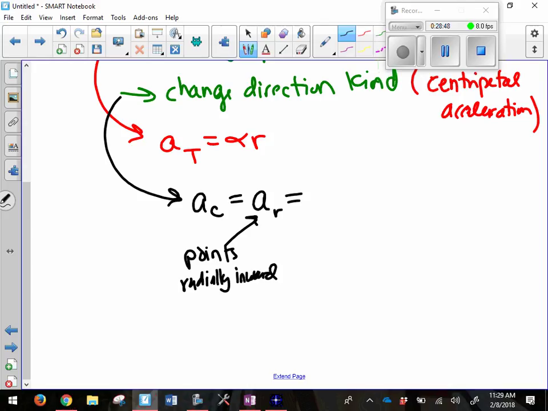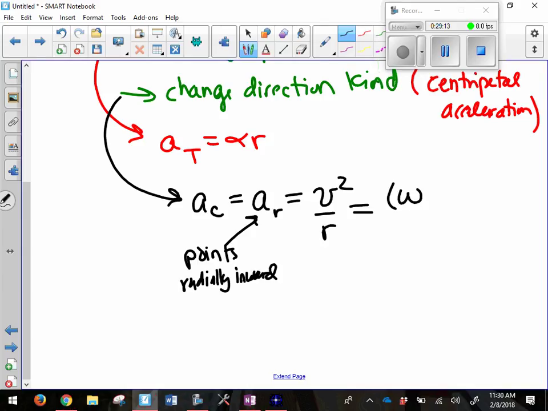What's everybody's favorite formula for a c? V squared over R. However, if I want to relate this back to my angular quantities, what's V equal to?